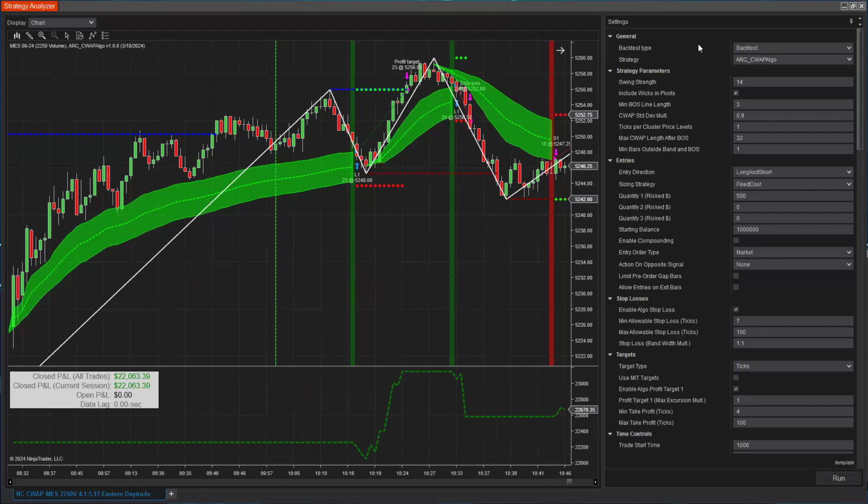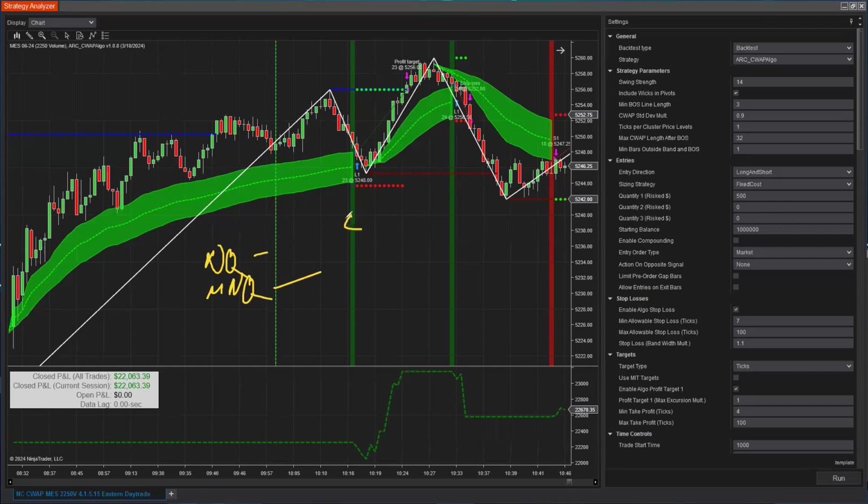So with the ticks per cluster level, say you have a market with a lot of ticks, namely NQ, MNQ, right? These markets have a lot of ticks per bar. So some traders may choose to lump some of those ticks together.